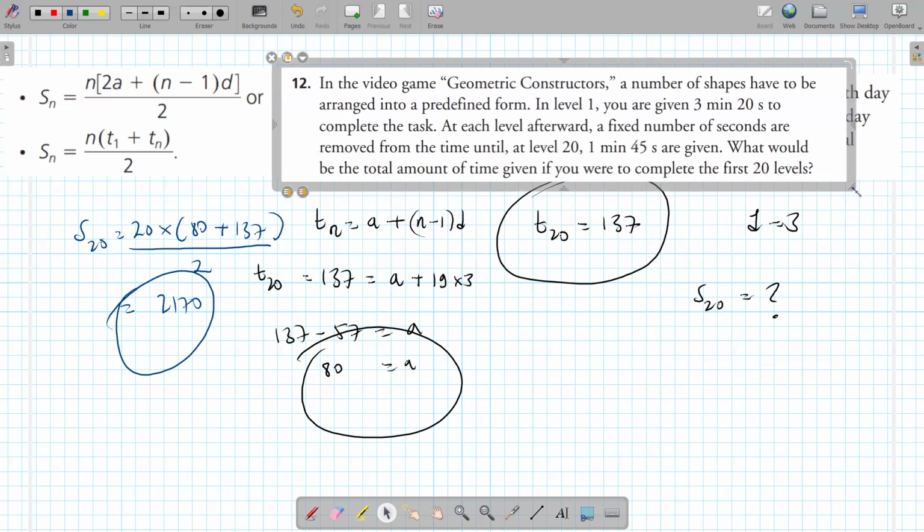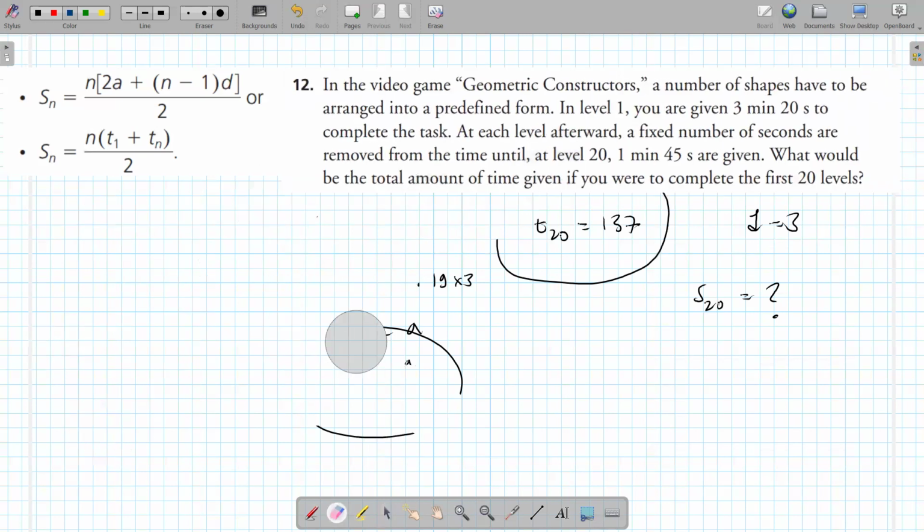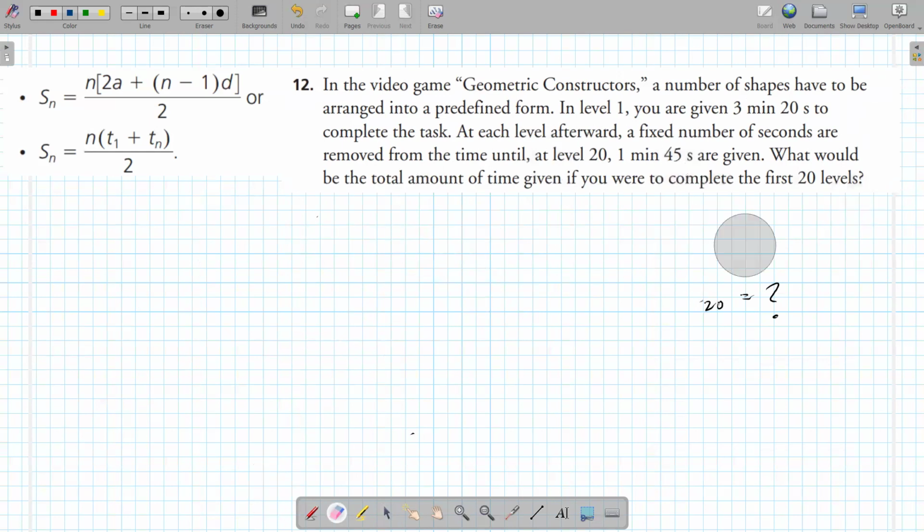Now let's look at this one. In a game called Geometric Constructors, a number of shapes have to be arranged in a predefined form. So here in level 1, you're given 3 minutes and 20 seconds.